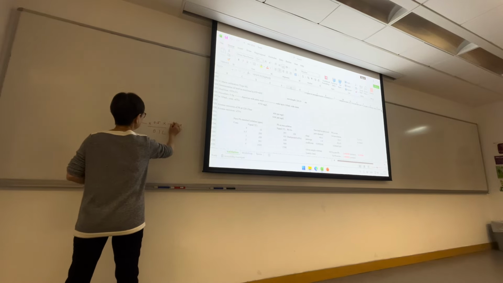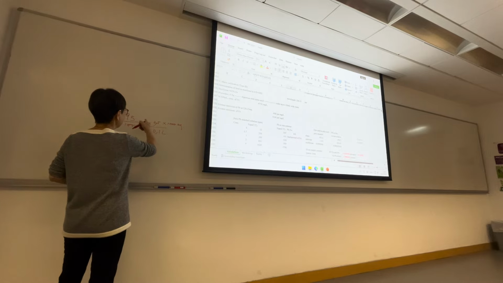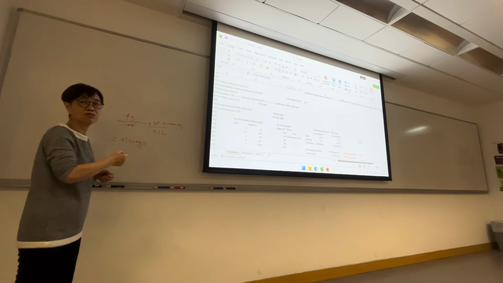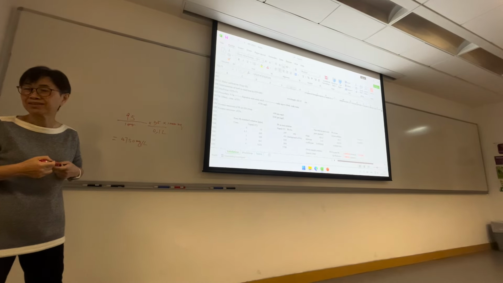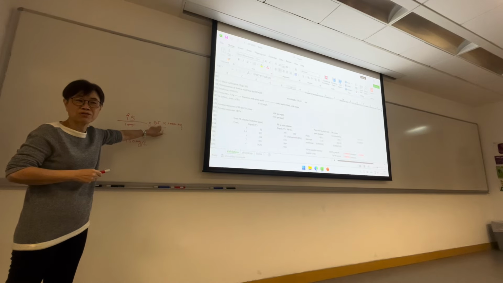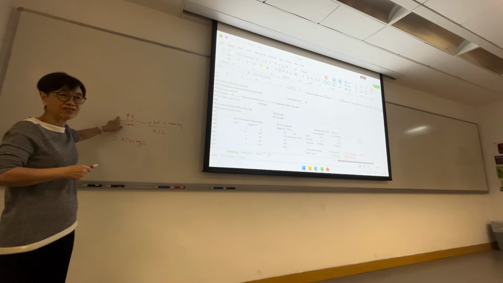So here, no decimal place, this will give you 4750 mg per liter. That means we have 0.5 gram, and the percentage will be 0.95.